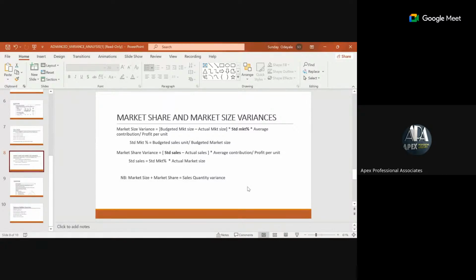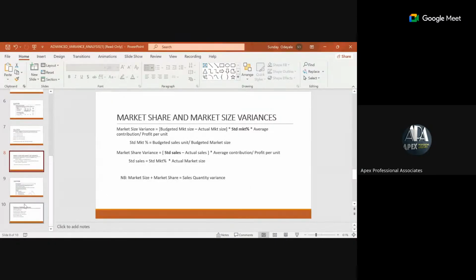Now you will check if I'm expected to sell 400, how many did I sell? So did I sell 200? Did I sell 300? Did I sell 500? Now that is where your share variance comes in. Are you able to outperform your expectation or you performed below expectation? That is the market share variance for you.